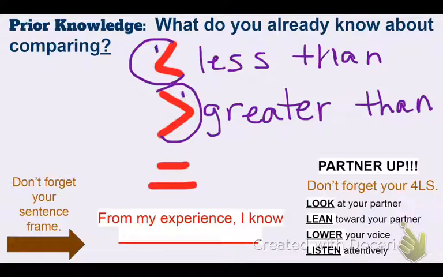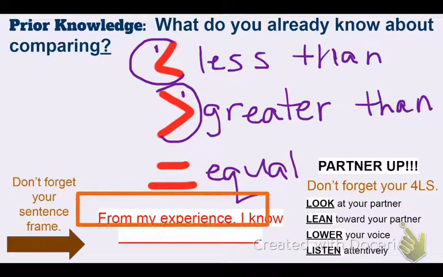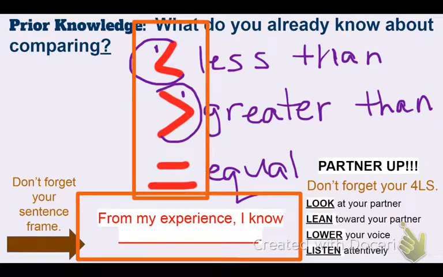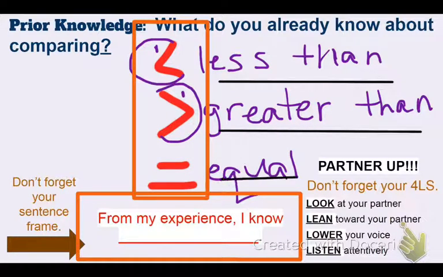Like it's a little Pac-Man. And of course, the last symbol is equal or equivalent to. So from my experience, I know that we use these symbols to show the value of less than, greater than, and equal to. And that's going to help us today.